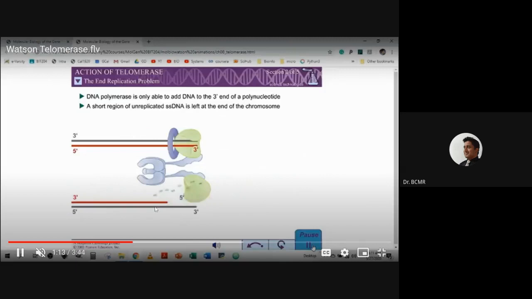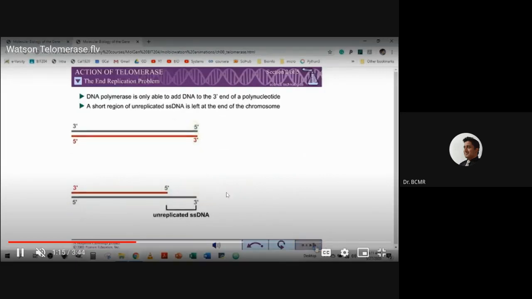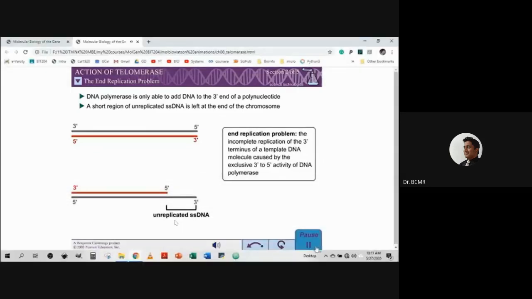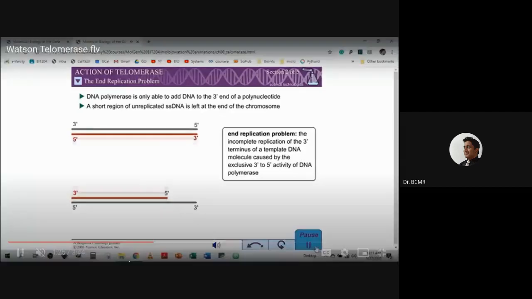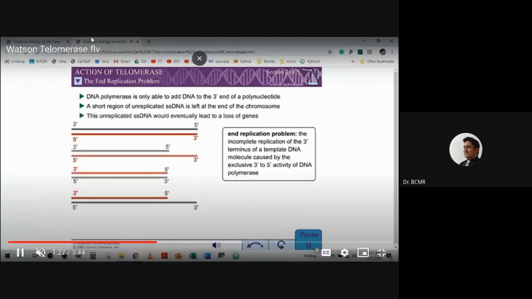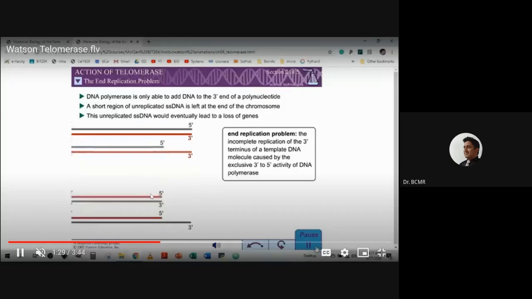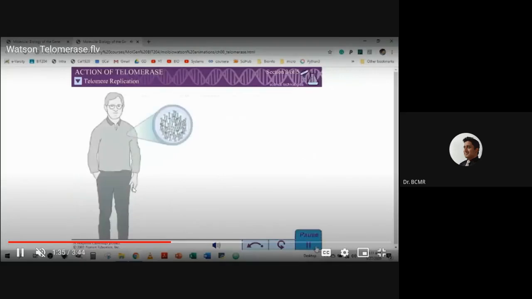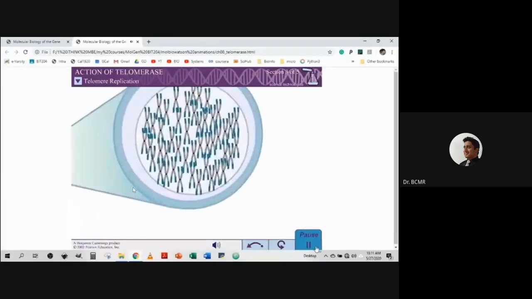Now RNase H removed it, and now what to do with this? This is the unreplicated single strand DNA. That's the gap. If replication continues further rounds, slowly the chromosome will become smaller and smaller, as you are seeing here. And see, this one has become smaller, and for the next round, it becomes even smaller, and eventually there will be a loss of cells.